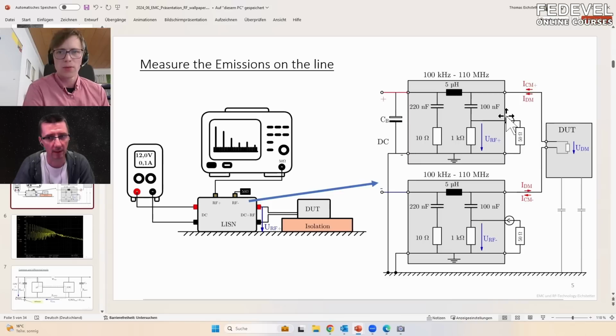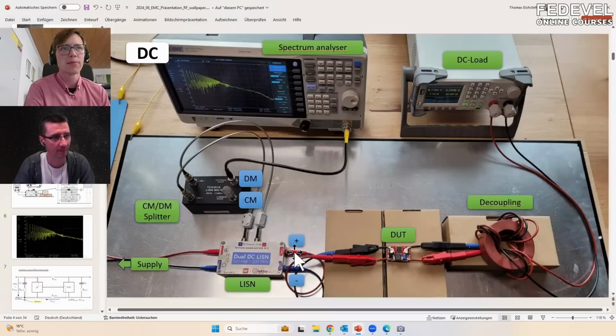So why do we need this? That's the main question. With that, you can measure the RF on the line, which means all the noise which is between the line and ground. Ground is here the metal plate on the lower side, which should represent our complete environment.